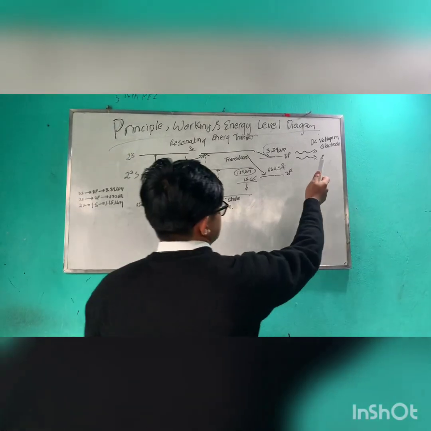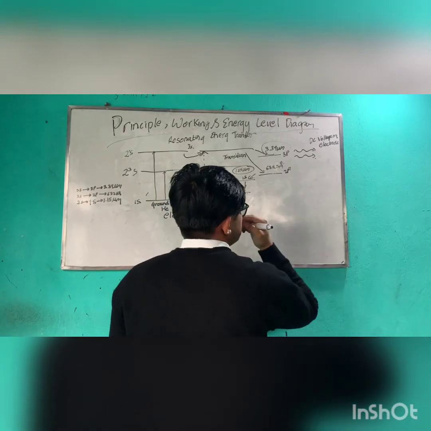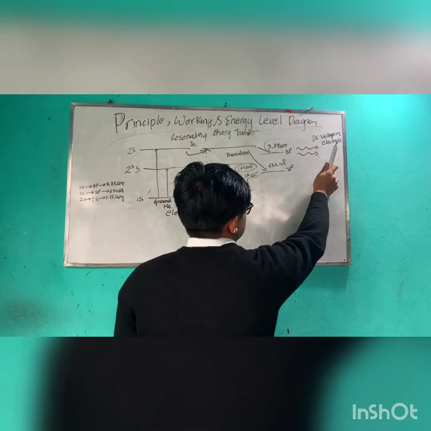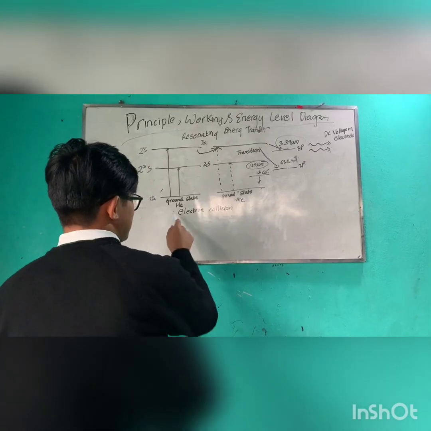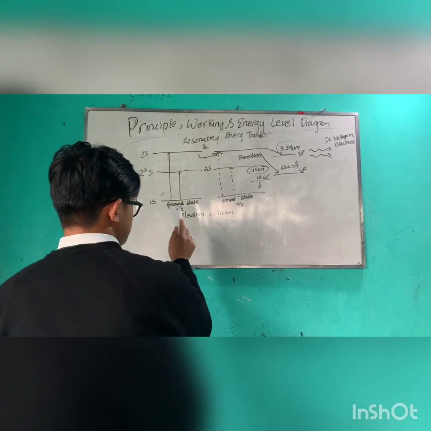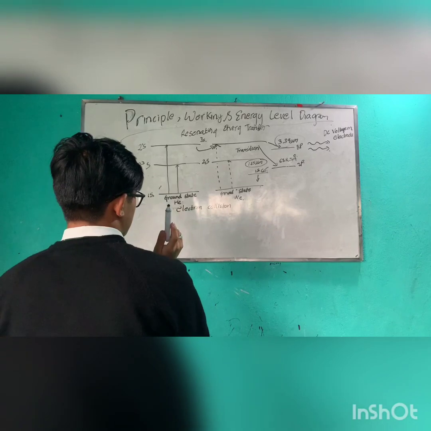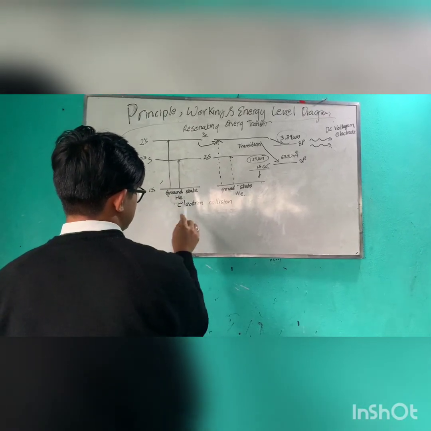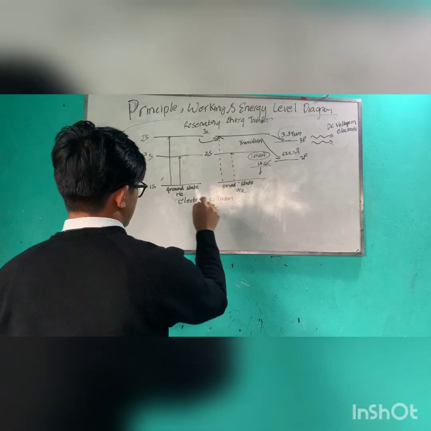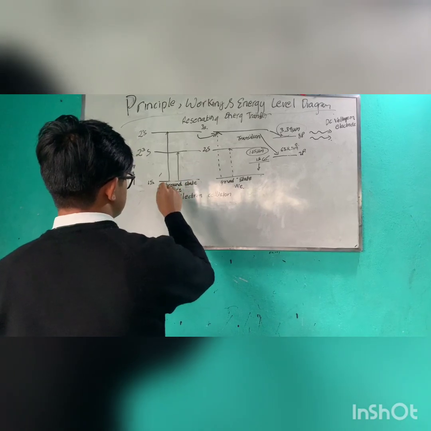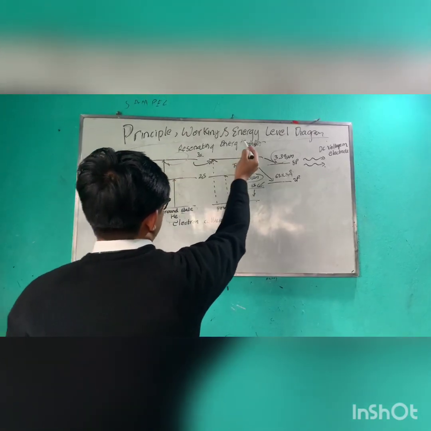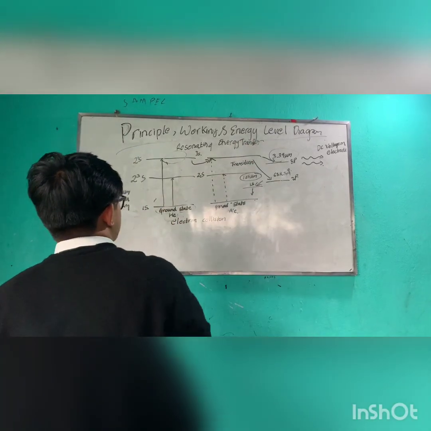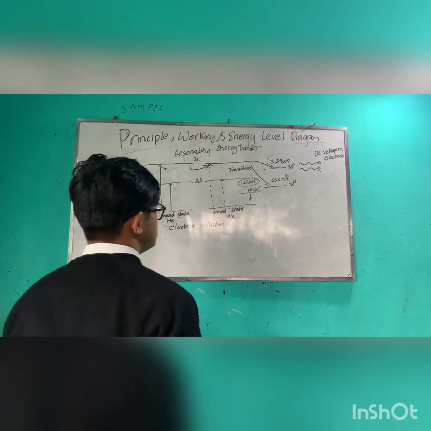The DC voltage is supplied in an electrode, and it excites the helium atom first. The helium atom gets excited due to electron collision and goes from its ground state to its excited state, and we see a resonating energy transfer from helium atom to neon atom.